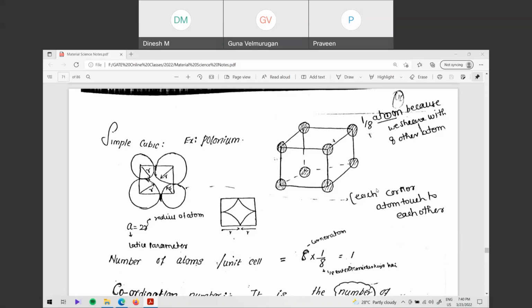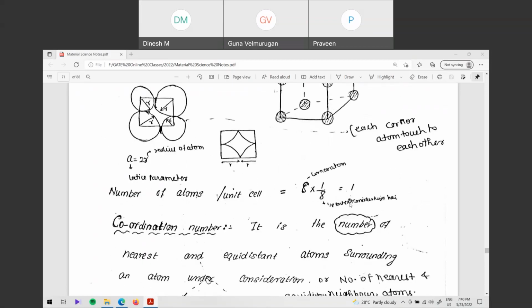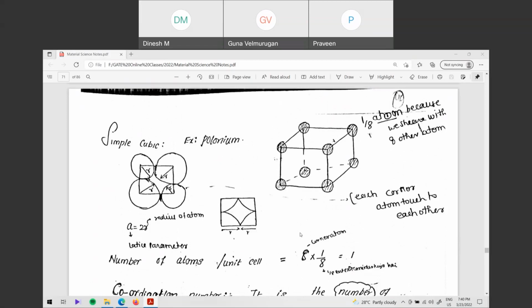Okay. So in this you have to remember some important points. What is that? The number of atoms per unit cell. In this, 1/8 of each corner atom is inside the cube, and the rest is outside. 7/8 is outside, 1/8 only is inside. Like that, 1/8 at this corner, 1/8 at this corner, all the 1/8s will be inside the cube.